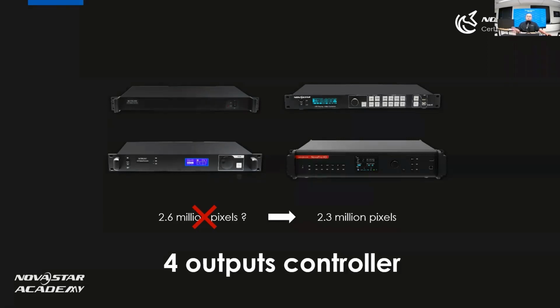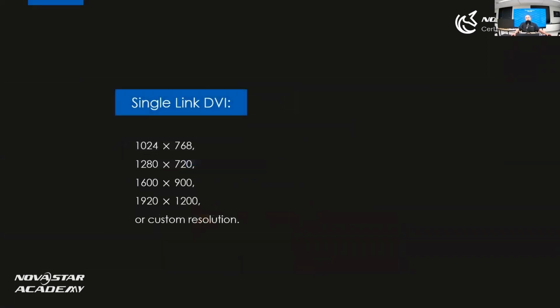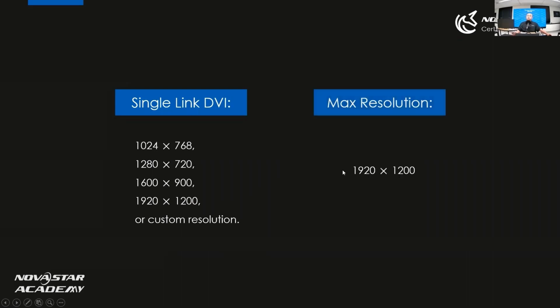To be honest, this limitation does not come from the output. This limitation comes from the input. Let's see. In our basic product, we use the single link DVI. So here is the very basic resolution which we met before. The maximum resolution of the single link DVI is 1920 by 1200.